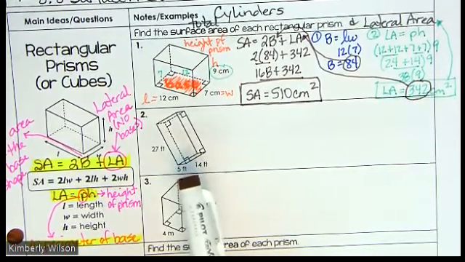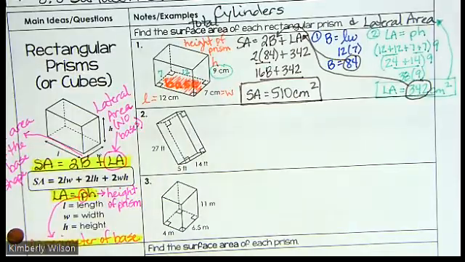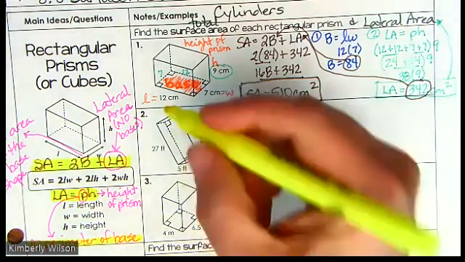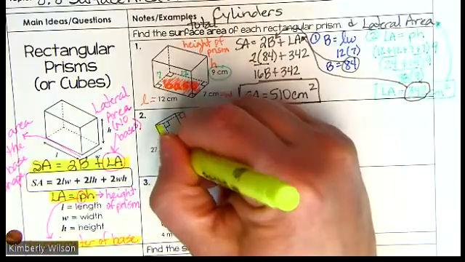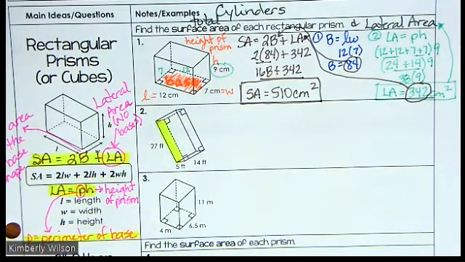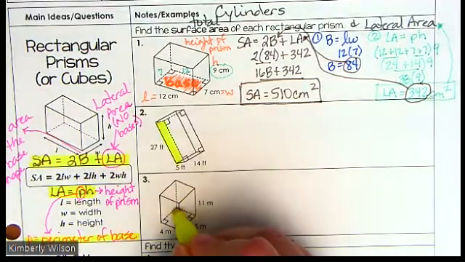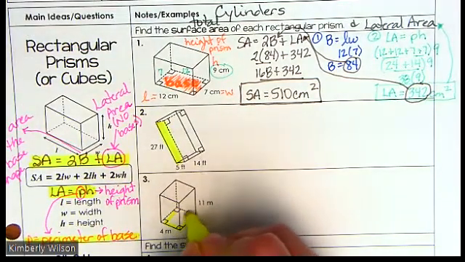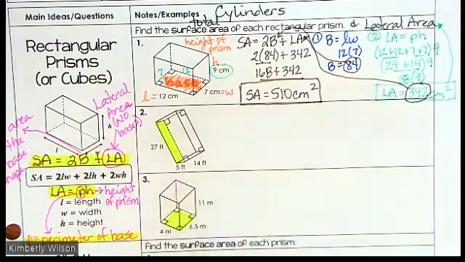Okay, for our purposes right now, so that you can get the correct lateral area that I have on the answer key, we're going to say this side is the base. That is your base. For number 3, this is your base, because I want you to calculate both lateral and total surface area.